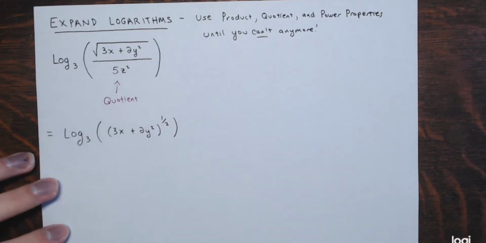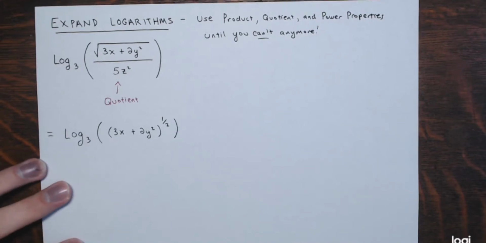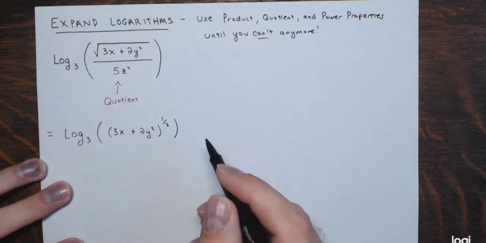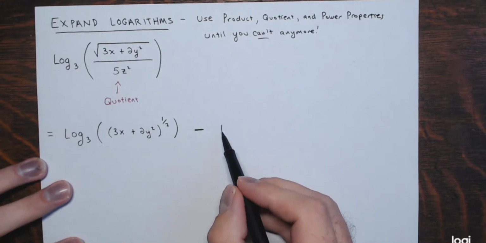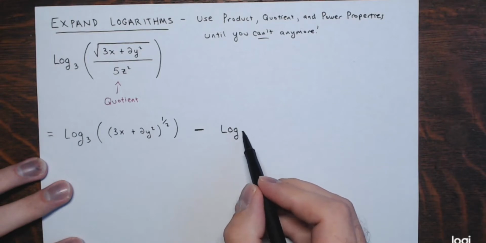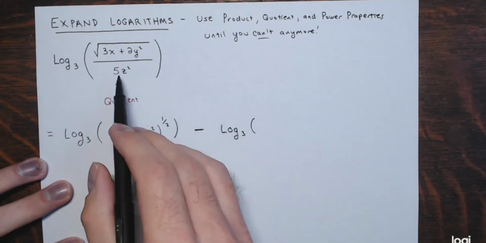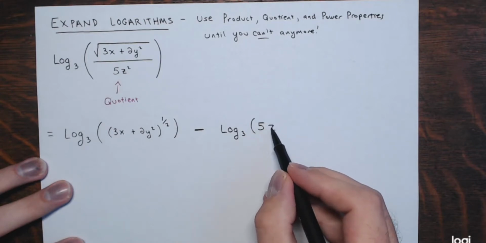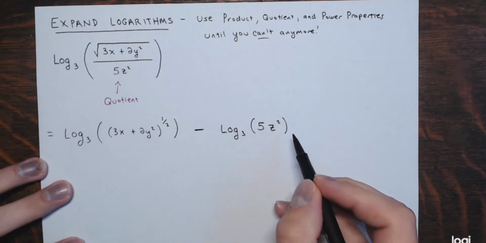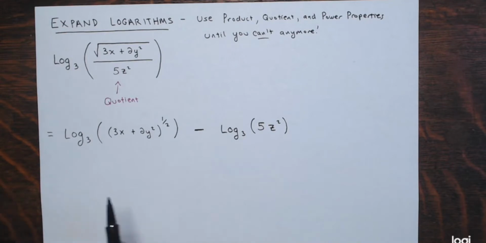Please do this: when you see radical symbols, rewrite them as fraction powers. Then minus the log of the denominator. The log base 3 of the denominator is 5z squared. Okay? And then I keep going.